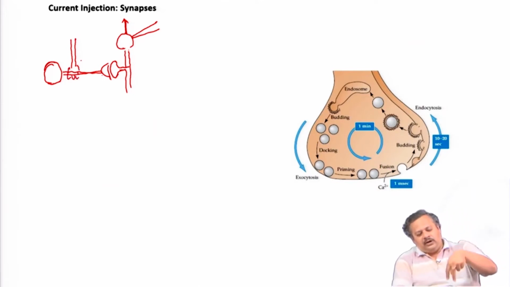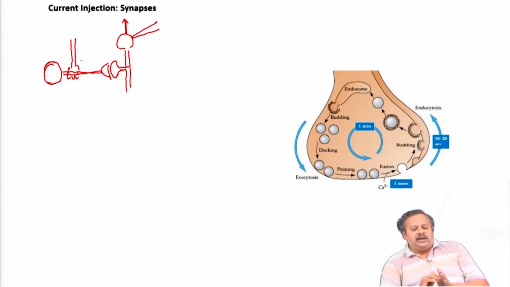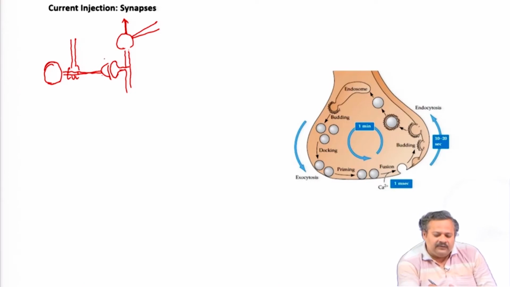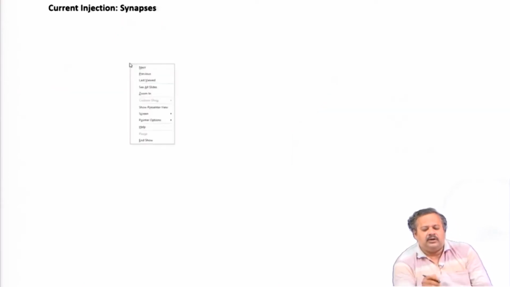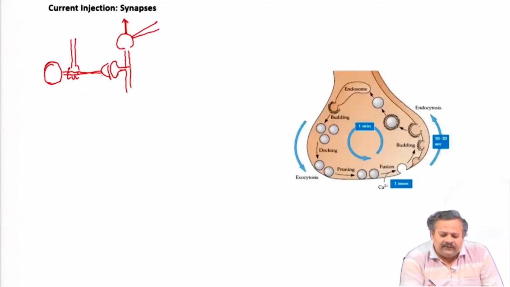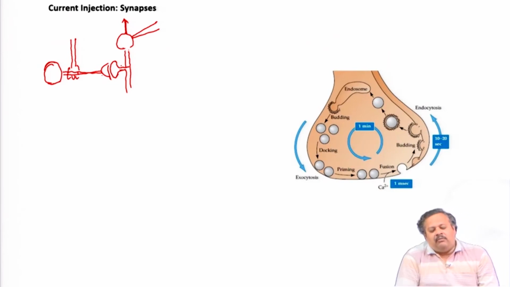If we put it on a fiber bundle and gradually reduce the current, we can make sure that we have the minimal kind of effect on the postsynaptic neuron, and so that way we can be sure that there is actually only one action potential coming onto the postsynaptic neuron.